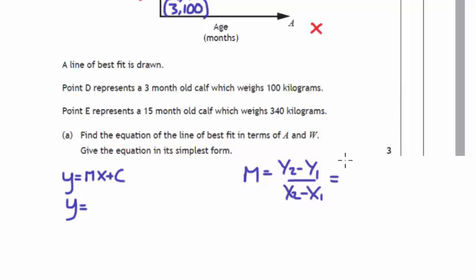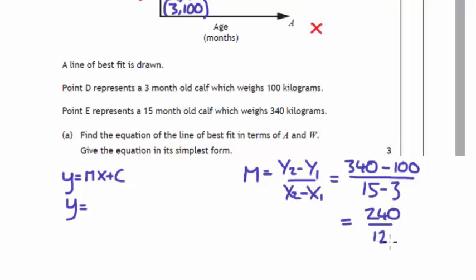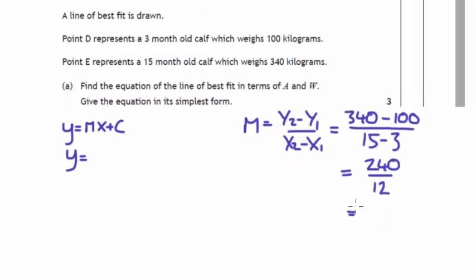So y2 is 340, minus y1 which was 100, over x2 which was 15, minus 3. If we tidy this up, you end up with 240 divided by 12. What's 240 divided by 12? 24 divided by 12 is 2, so 240 divided by 12 is going to be 20.